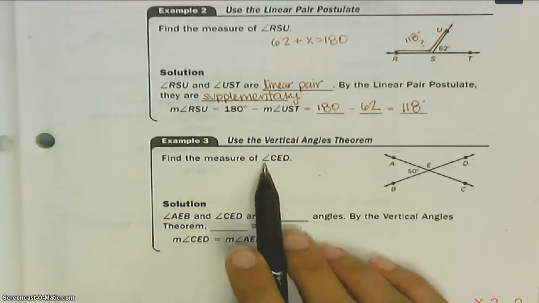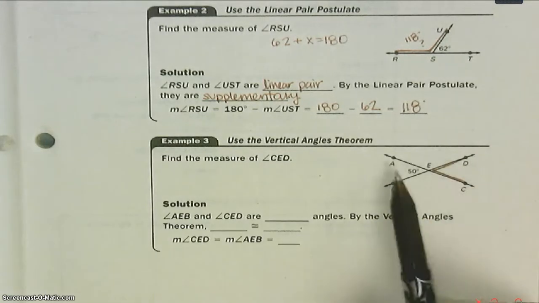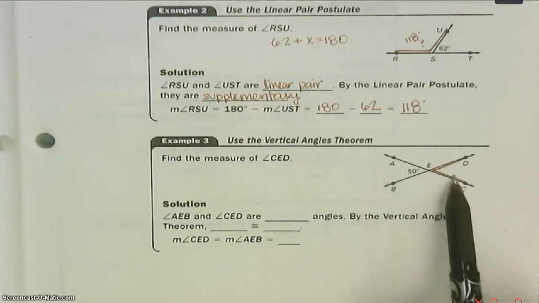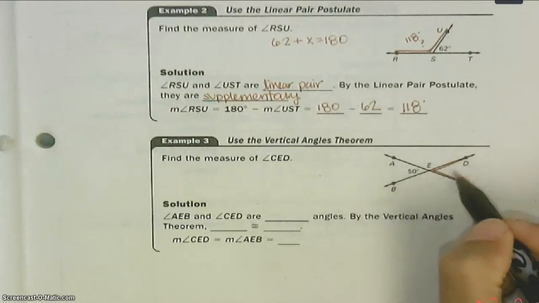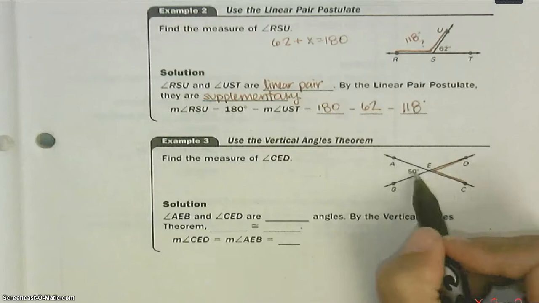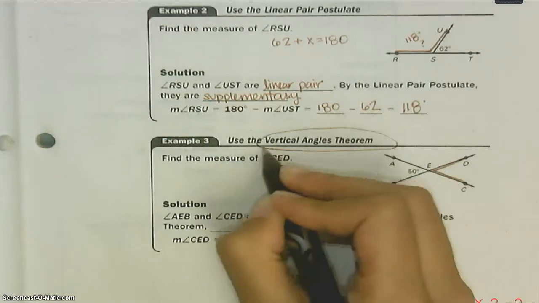Now we need to find the measure of CED. All right. Are they making a line or are they opposite each other? They are opposite. They are vertical angles. I see this X and they're across from each other, so that means vertical angles. It kind of gave us a hint here too.